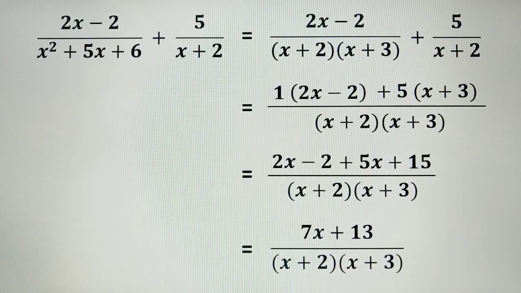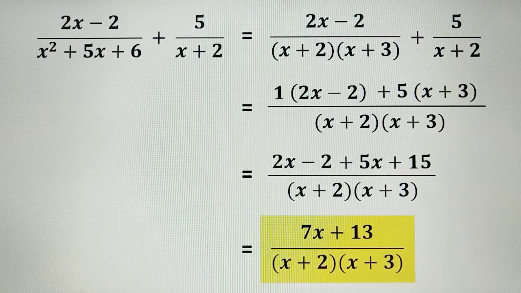So we have 7x after adding 2x and 5x, positive 13 after adding negative 2 and positive 15, all over x plus 2 times x plus 3. As you can see, the numerator 7x plus 13 and the denominator x plus 2 times x plus 3 have no common factor. So this is our answer, in which the denominator is in factored form.